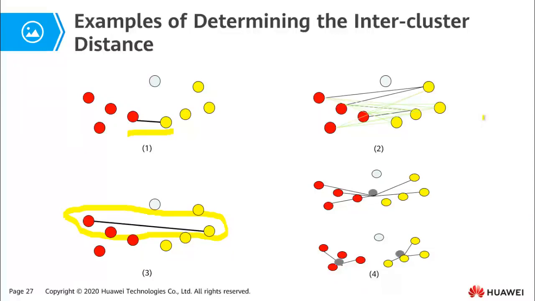Average linkage calculates the distance between each point in 2 clusters and all other points, and takes the mean of all distances as the distance between the 2 clusters. The calculation amount of this method is relatively large, but the results are more reasonable than the previous 2 methods.